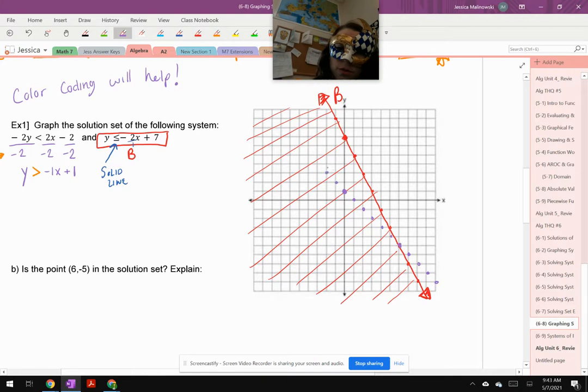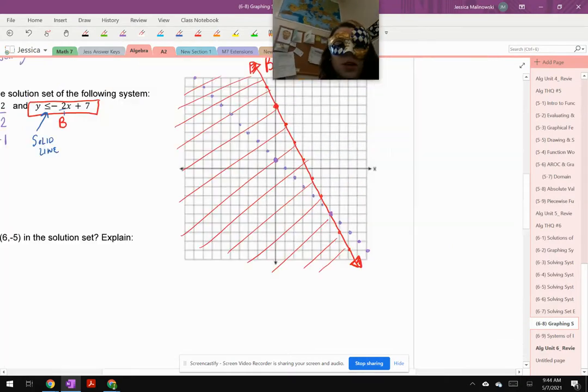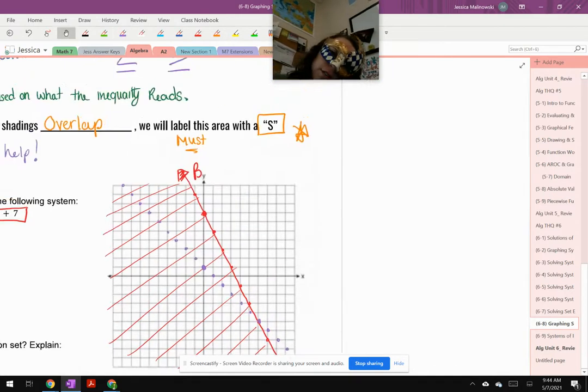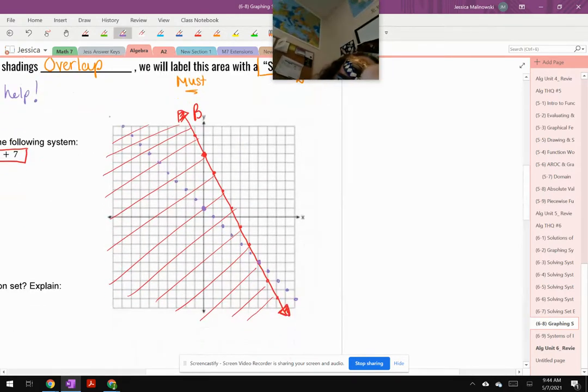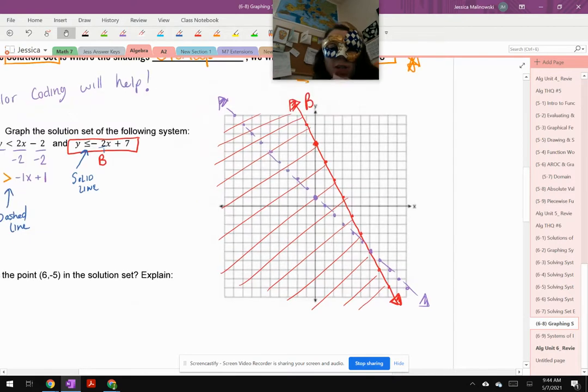Up 1 over 1. And because of our inequality here, we know this one does not have a line under it, so it's going to get a dashed line. So I'm just going to connect the dots. Dashed line. And last but not least, my shading.